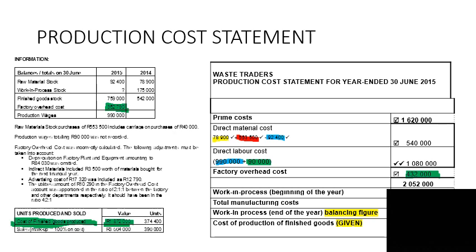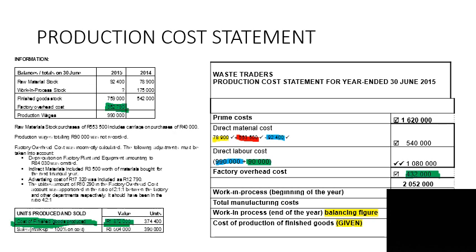Now we have our total cost of production. We have closing stock of work in process. We have to work backwards. Work in process at the end must be subtracted. You need to take that. So in this case, for our answer, it is now a balancing figure.